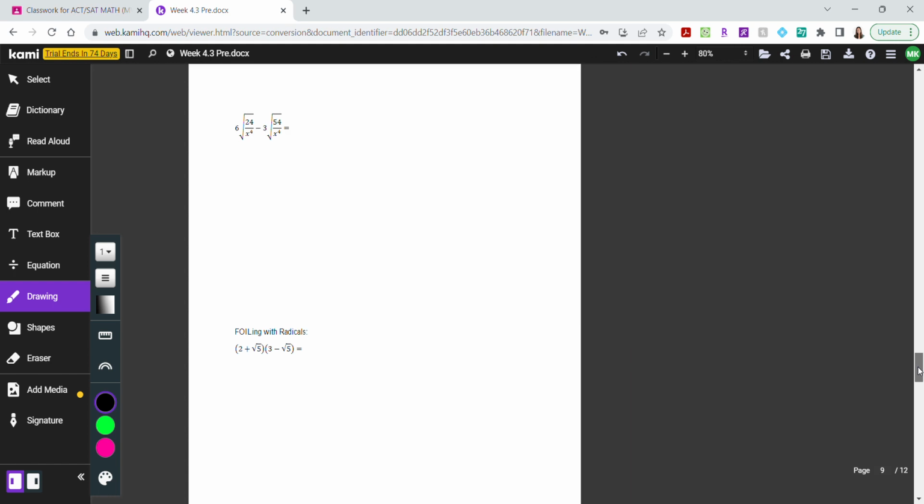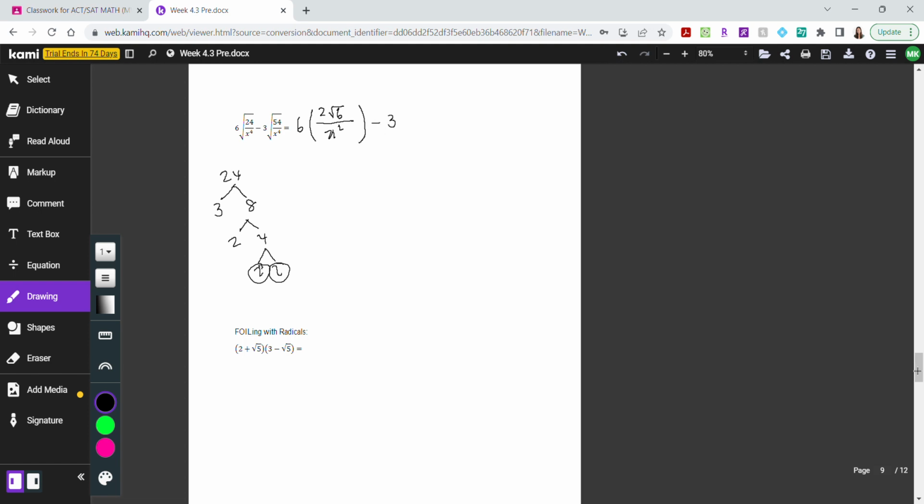Now, same thing again, but with subtraction, and we need to be just a little bit more careful because it is subtraction. All right, let's look. We have 6. Let's look, how can we break down 24? So we have 2 square root 6, and I know square root of x to the power of 4 is going to give me x squared.